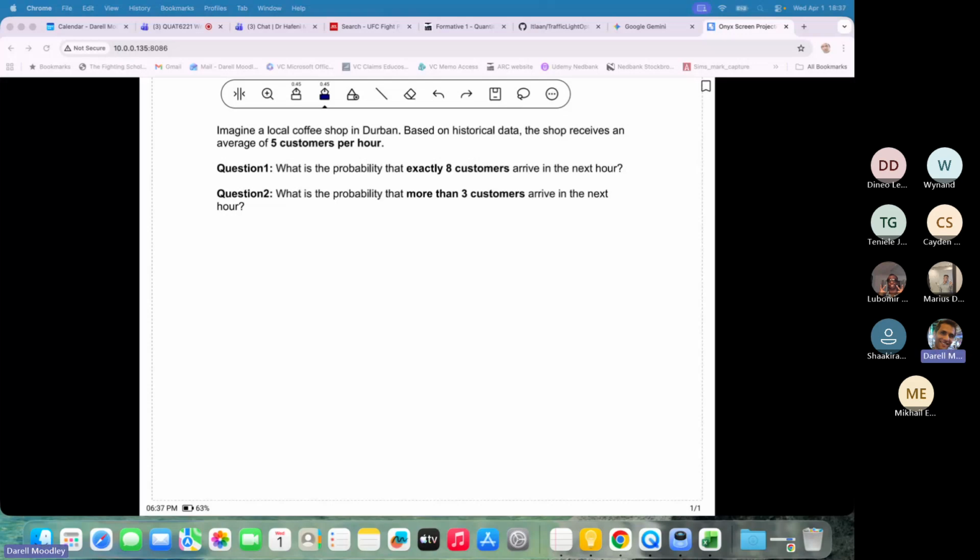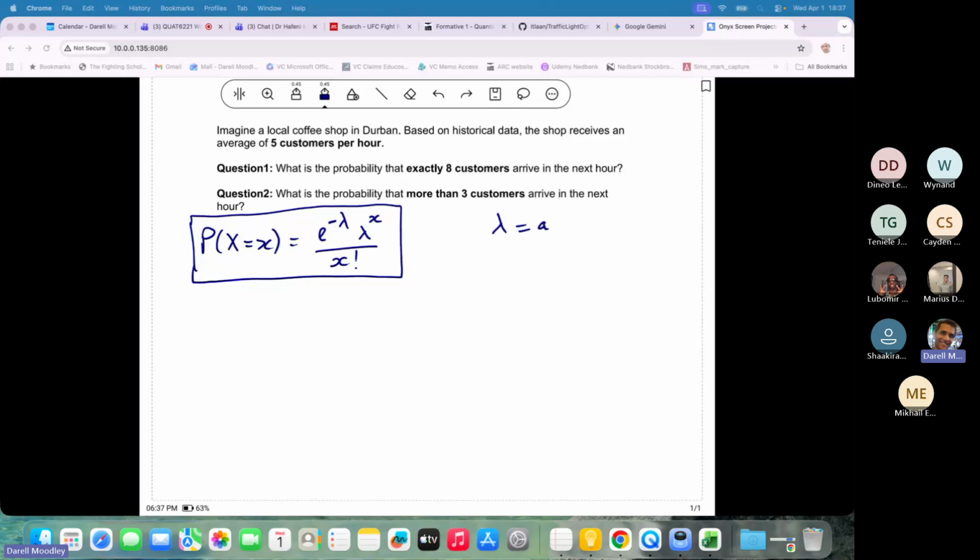The probability that X equals x is e to the minus lambda, lambda to the x, all over x factorial. I know, it looks daunting, now you know why I don't memorize it. Your formula sheet may have a instead of lambda, but just know that it's the same thing.